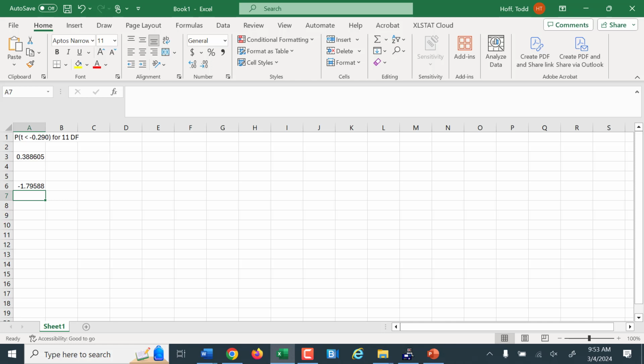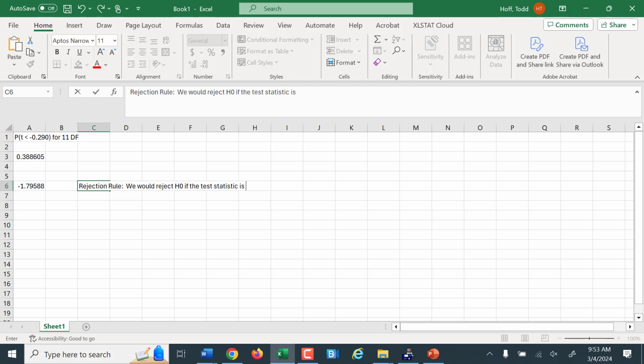So our rejection rule here would be, we would reject the null hypothesis if the test statistic is, since the alternative is less than, less than negative 1.796. So just looking at our test statistic of negative 0.290, we definitely are not nearly small enough to reject that null hypothesis.